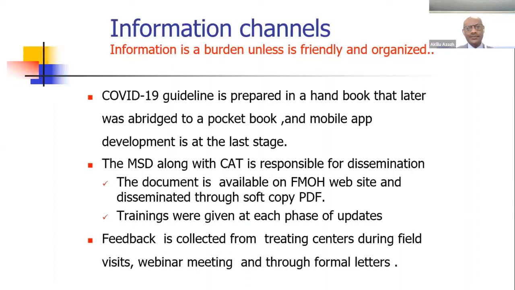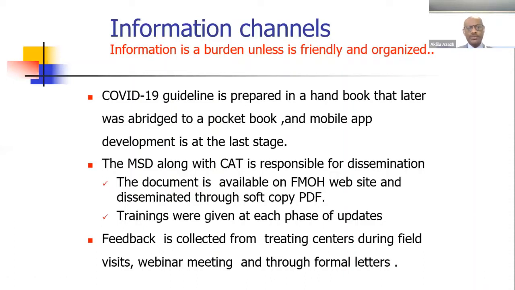And then in the third phase, now a mobile app is under development. The dissemination is by the Medical Service Directorate and Advisory Team. It is well disseminated on the Ministry of Health websites, and the soft copy in PDF is disseminated through emails, through letters, through different communication to treatment centers, and different trainings were staged, and this material was disseminated at training and seminar stages.